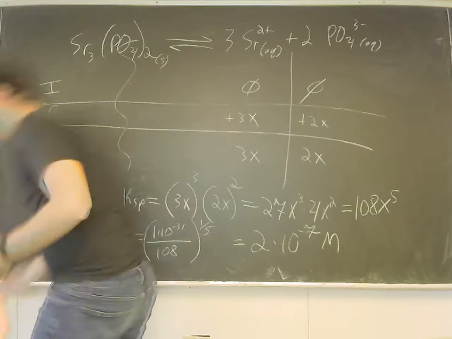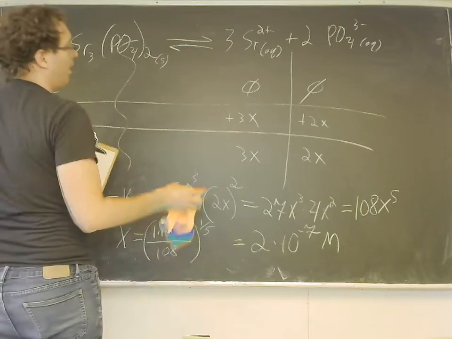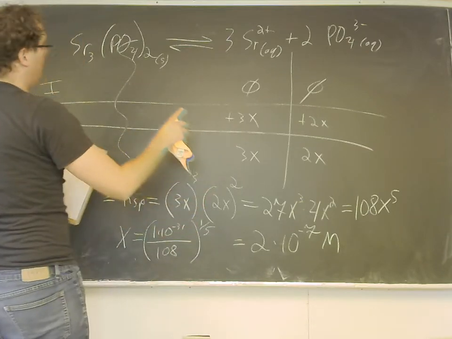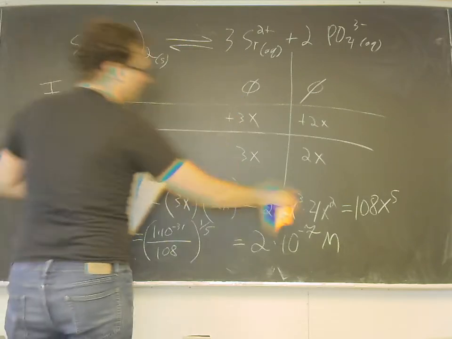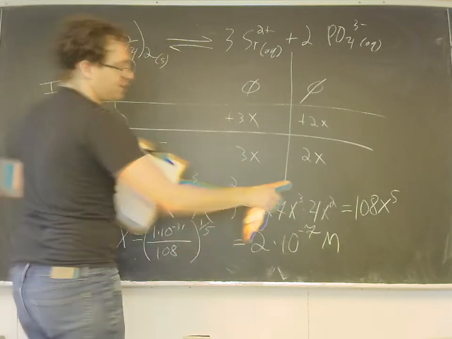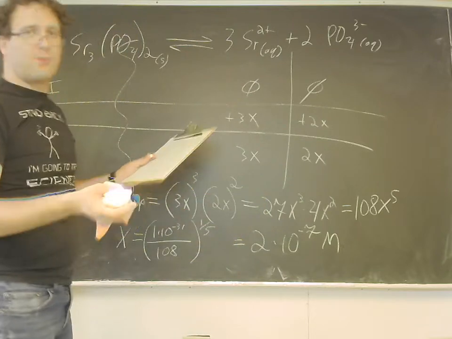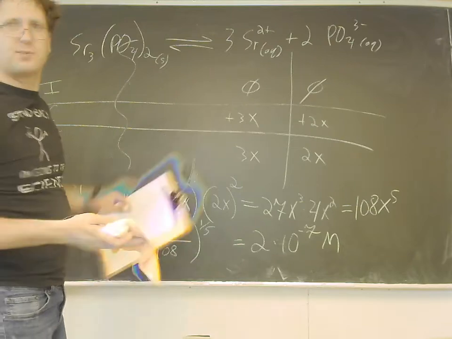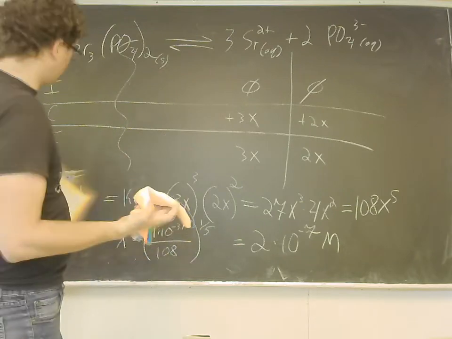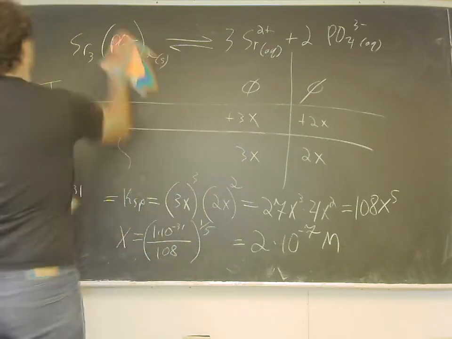Okay, so let's do one more practice problem. I hope you are starting to see how to get these equilibrium expressions in terms of x or molar solubility without doing a whole ice table. So for this next practice problem, we'll set up this relationship without the ice table.